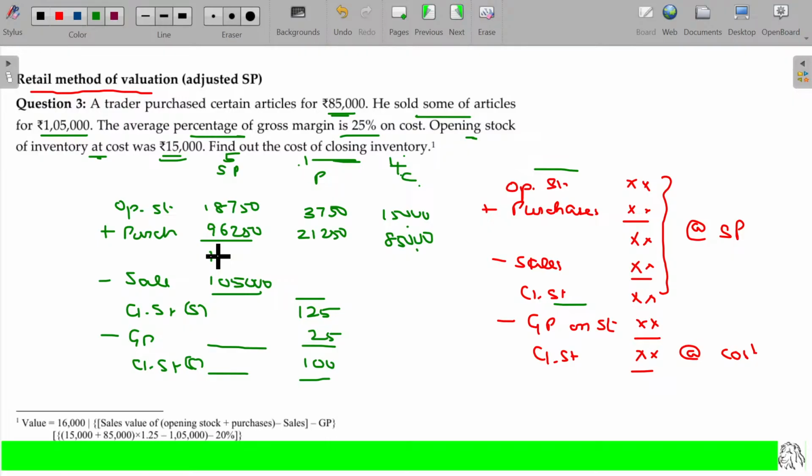Get me the value. 1,15,000. 1,15,000 or 25? 1,15,000.